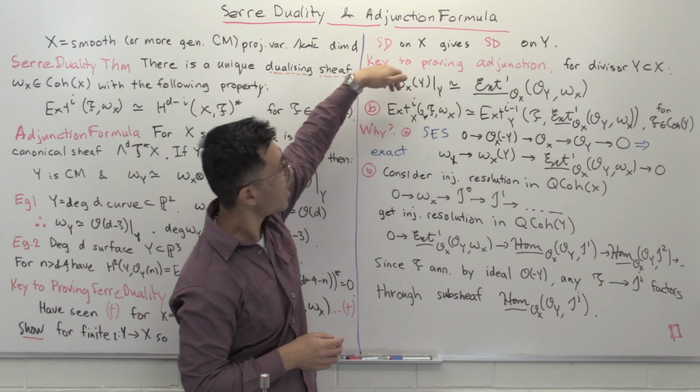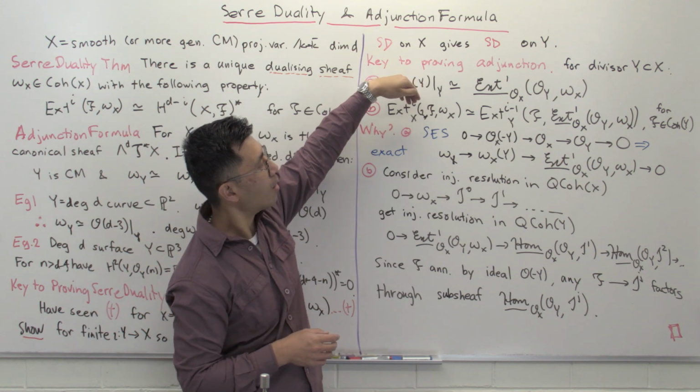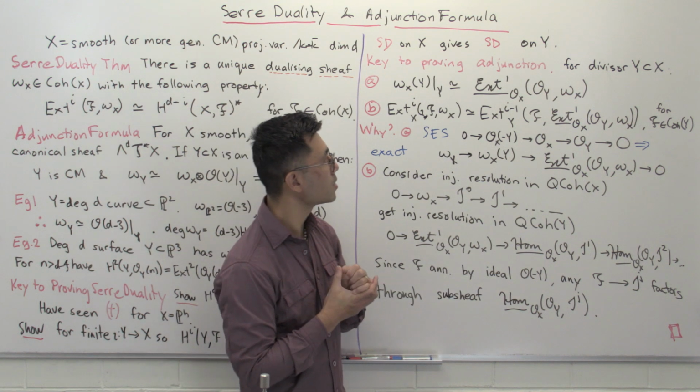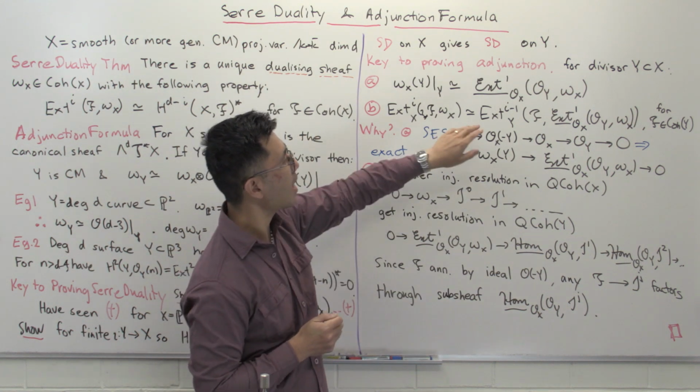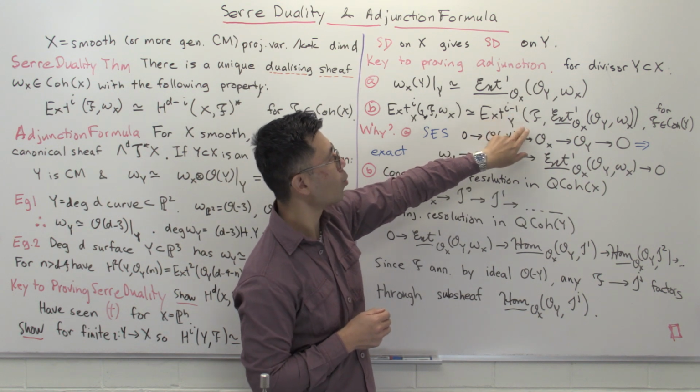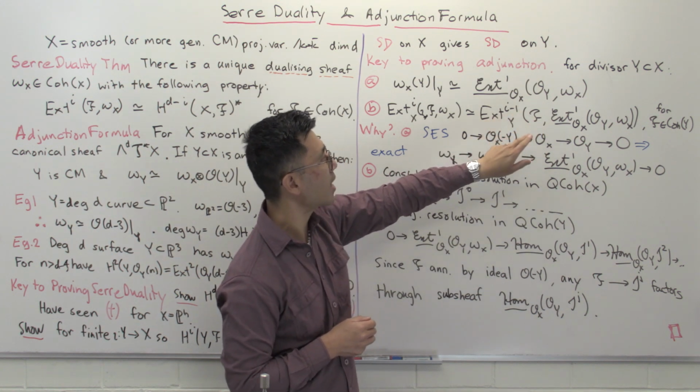If you want to compute this Ext of i lower star F into omega X, you can compute this as an Ext in Y, it's Ext^(i-1) on Y of F into this Ext here.